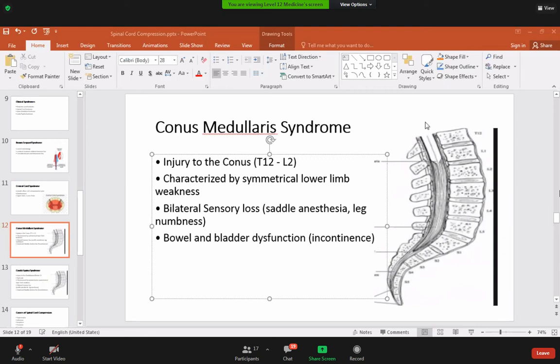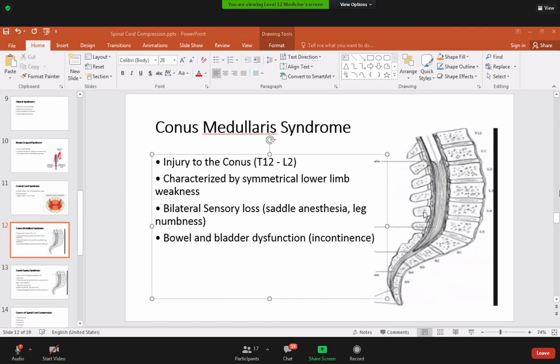Another thing: this was the area called the conus medullaris, the area which ends at the level of the start of L2. Now, if you see beneath it, there are only nerves coming down, and then they come out of this vertebral column through the vertebral foramina.